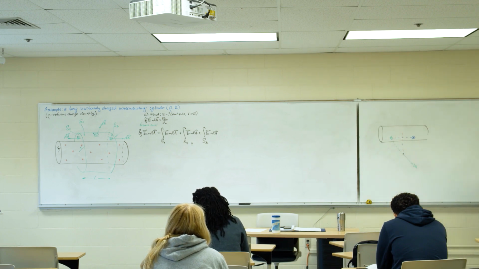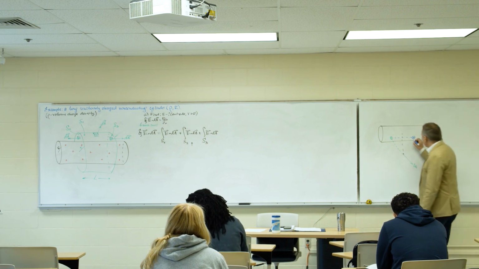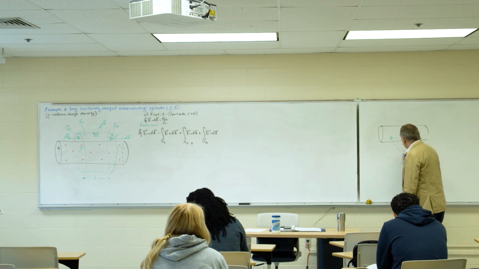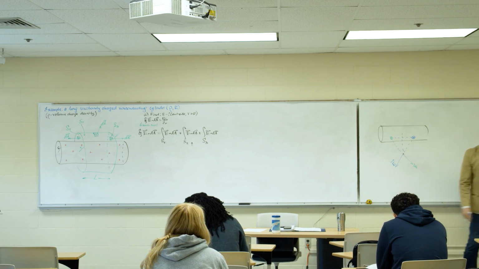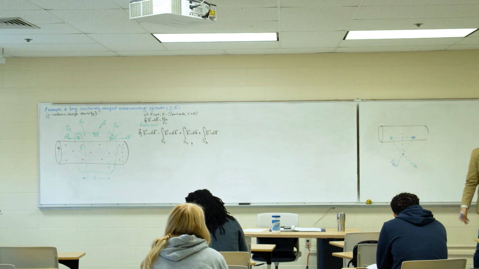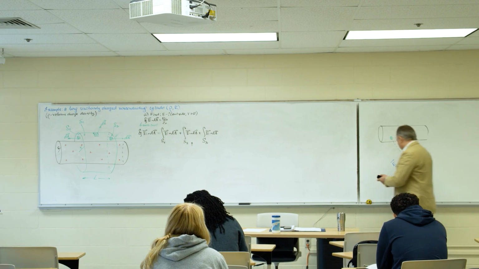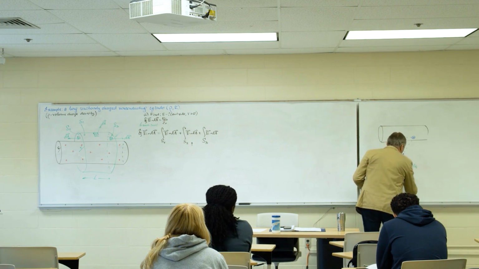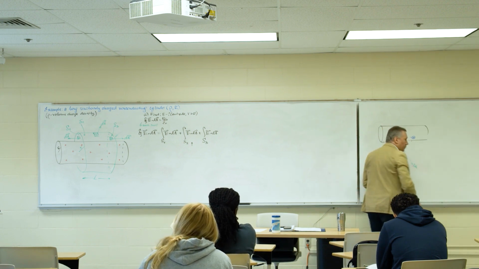Then at the same time, I can find a symmetrically positioned point charge over here, because again, it's uniformly charged. For any charge over there, I can find a symmetrically positioned charge over here. And of course, its contribution to the net electric field will be this, exactly the same in magnitude, because this distance and this distance are the same. So if I add their contributions, the net electric field will be purely radial.